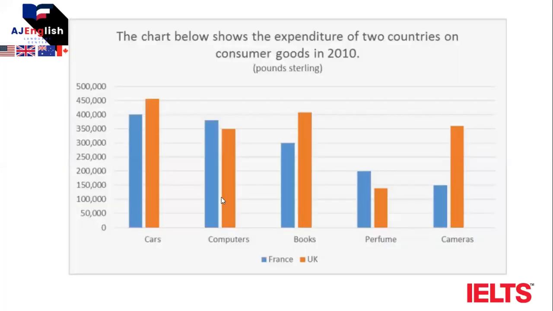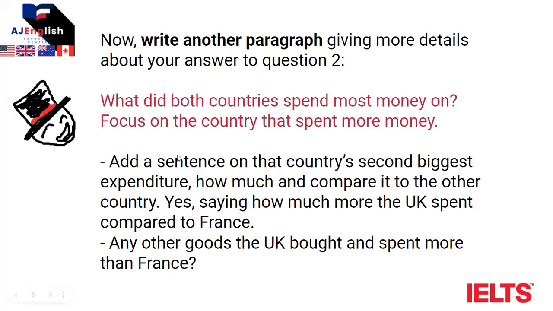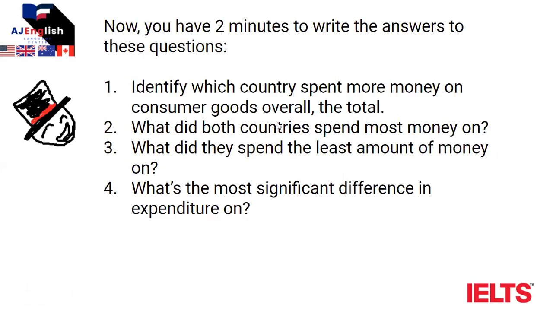So this is the question, the graph again. You can pause here if you need to. What do you have to do? You already have information from the overview, these questions. So now you're gonna have to take question number 2 again.